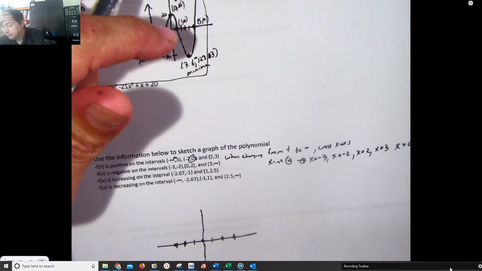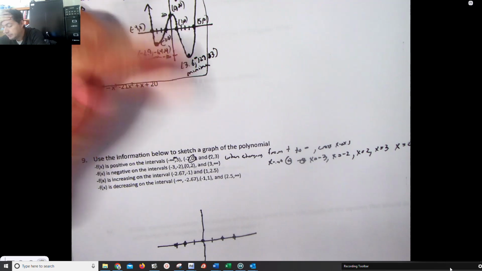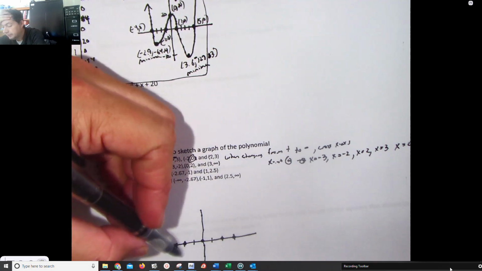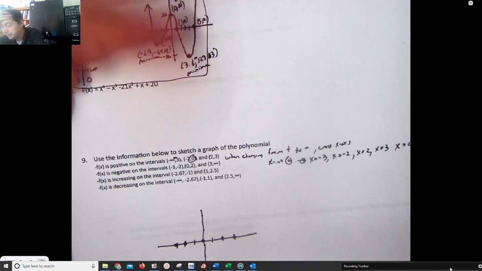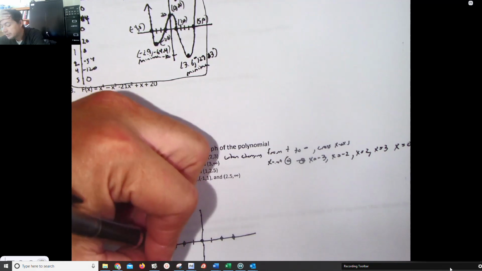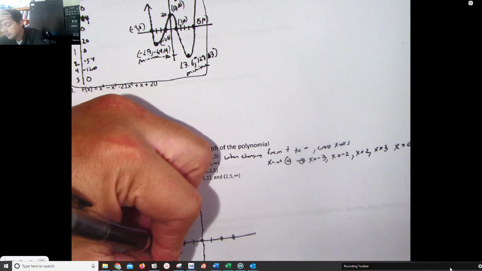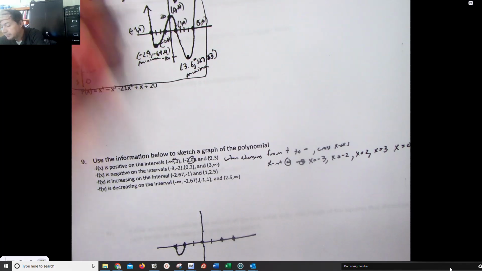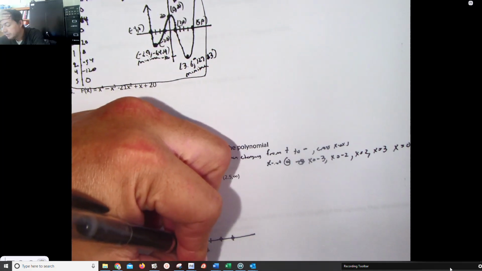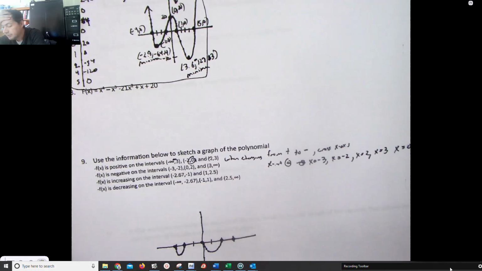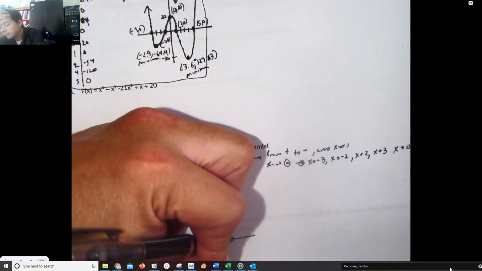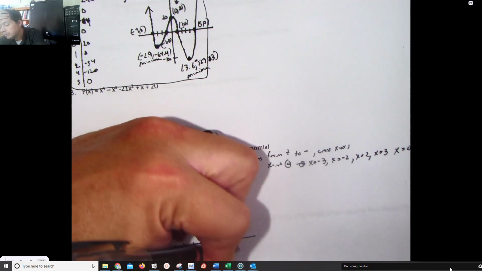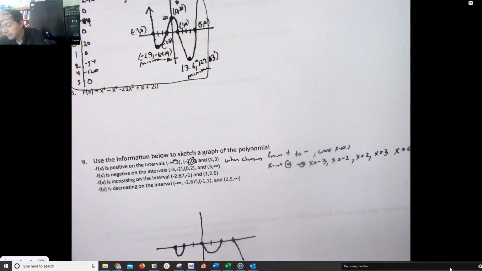She's negative between negative 3 and negative 2. So between negative 3 and negative 2, I am underneath the x-axis. So something's going on here, okay? I am negative between 0 and 2, so again, something's going on here. And I am negative from 3 to infinity, so the graph is literally dropping like a rock there.